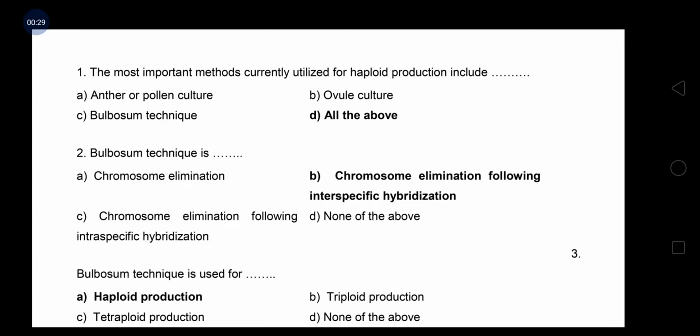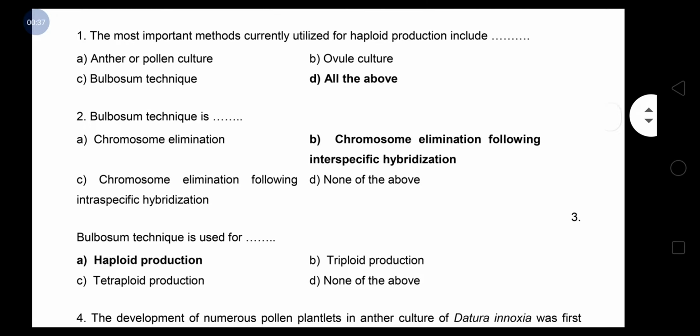The bulbosum technique: the options are chromosome elimination, chromosome elimination following interspecific hybridization, chromosome elimination following intraspecific hybridization, and none of the above.